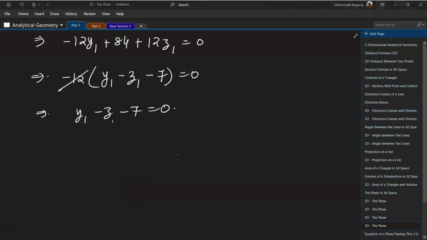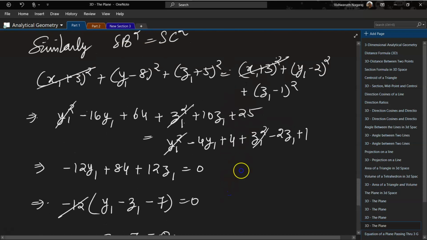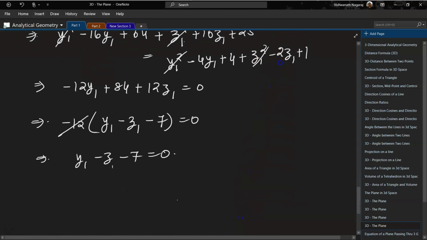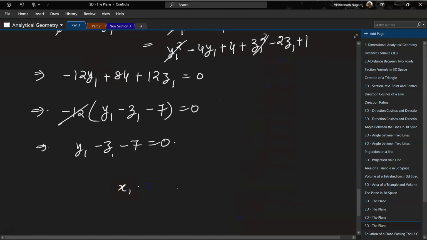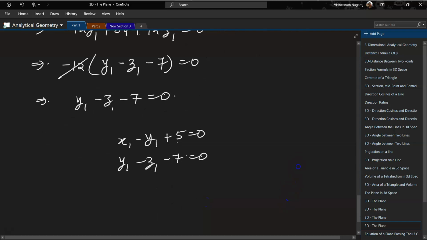Okay, now we have ended up with 3 equations, right? One is this, x1 minus y1 plus 5 equal to 0. The other is y1 minus z1 minus 7 equal to 0.